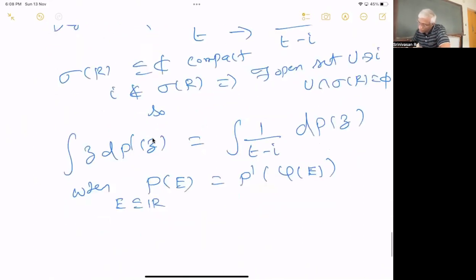Okay, so P prime is equal to P phi inverse. Okay.